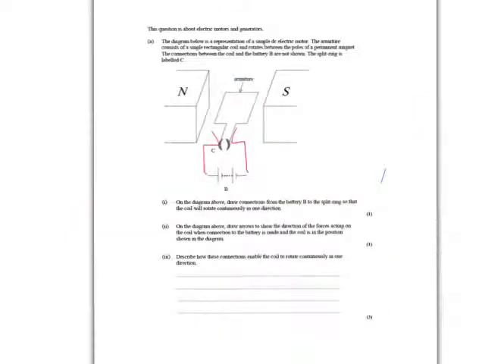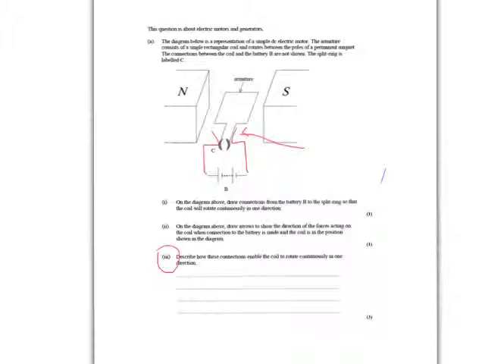Now the third part is actually very tricky, because even if you do understand how this works, it's very important that you say exactly the right thing. Now the mark scheme allows you to explain what would happen if you didn't have these 2 wires sticking up, or brushes as they're called.